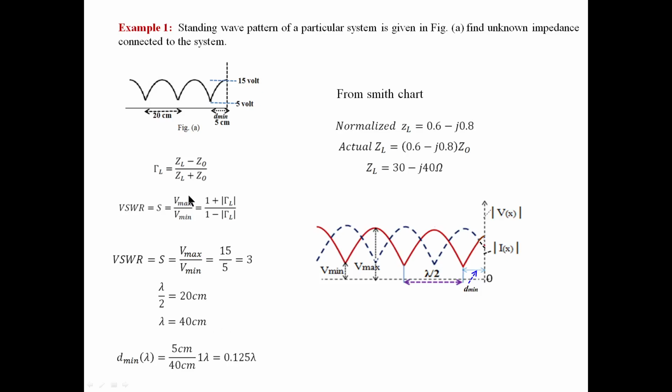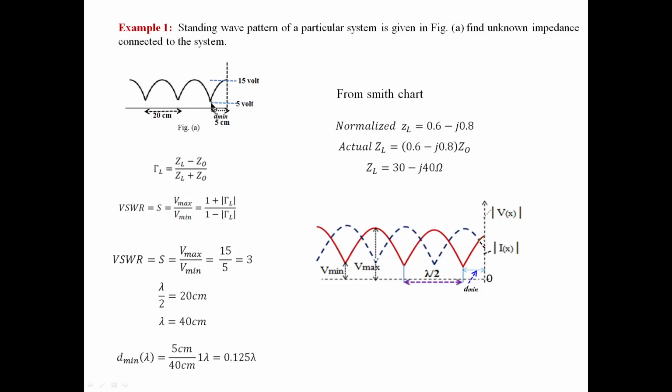So to convert 5 centimeters to lambda: 40 centimeters is 1 lambda, so how many wavelengths for 5 centimeters? This is 0.125 lambda. So we converted 5 centimeters to the wavelength value, 0.125 lambda.